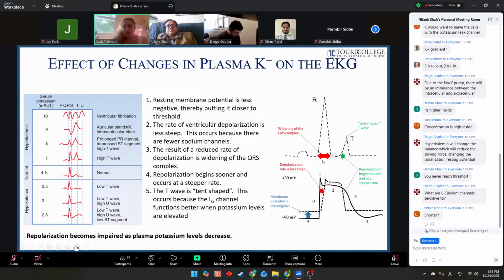Does it become shorter or longer? We just talked about that. What would happen to ventricular depolarization? What would happen to the QRS? Broader, right? The QRS takes more time to finish, so that's why it will also increase the QT interval. It will prolong the QT interval.